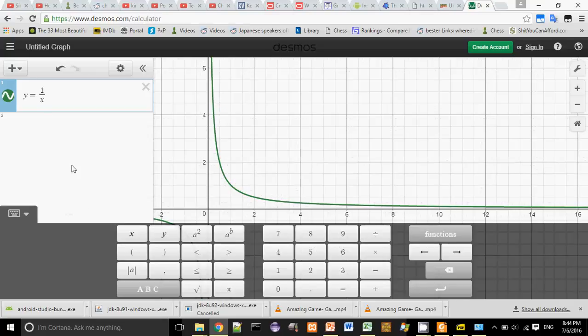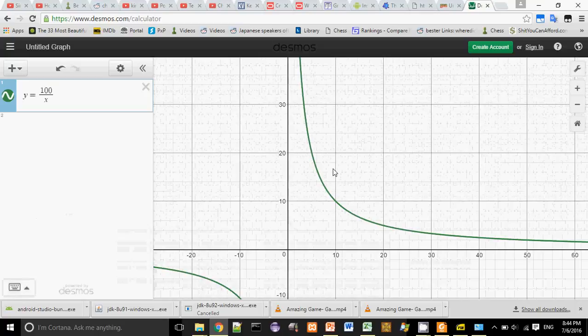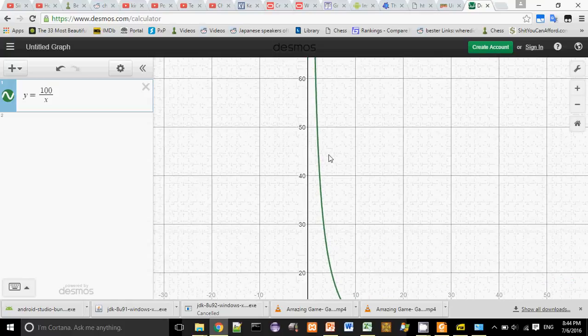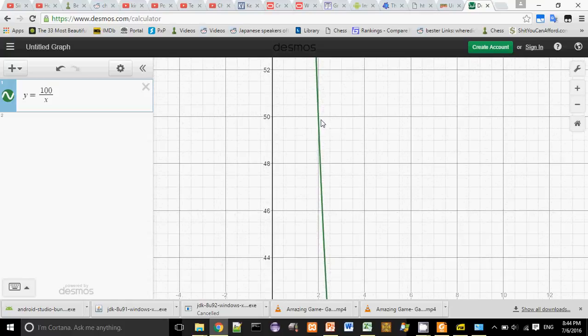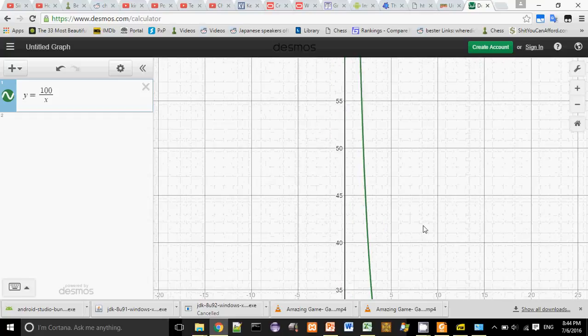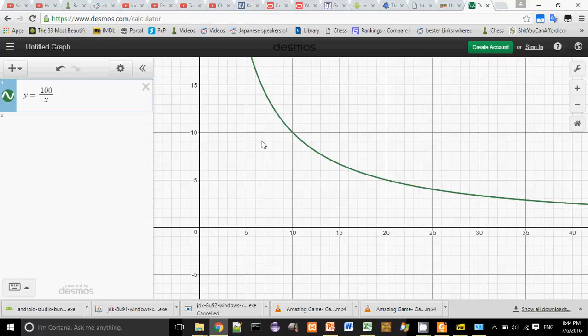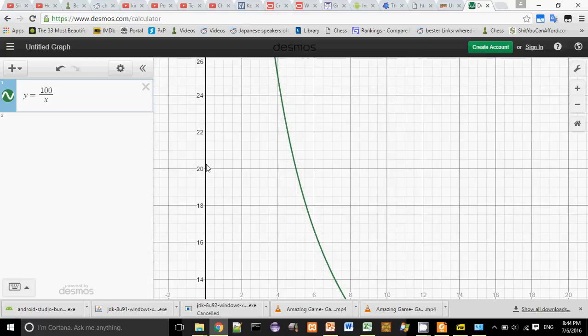Maybe let's make it 100. So this is your marks in a test. If you spend 2 hours a week on Facebook, then your mark will be 50. If you spend 5 hours a week on Facebook, your mark's going to be about 20.